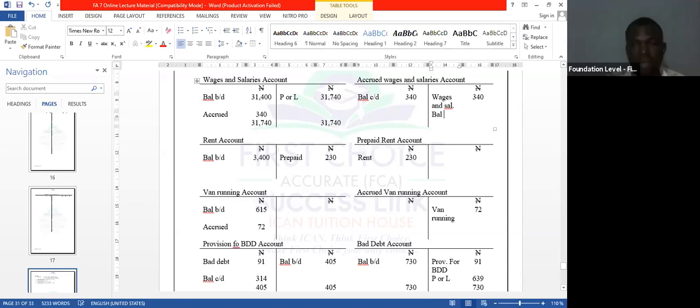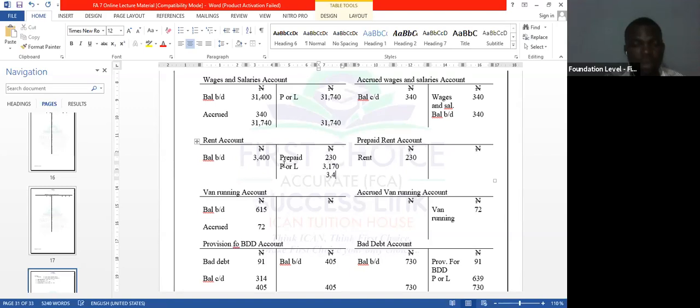So for the following figure that we're going to have, this one is an expense account. So we have profit or loss account to balance it up. So the balancing figure is the one I'm going to write to profit or loss account. That rent is 3,000. So addition of 3,170 will give us total of 3,400.